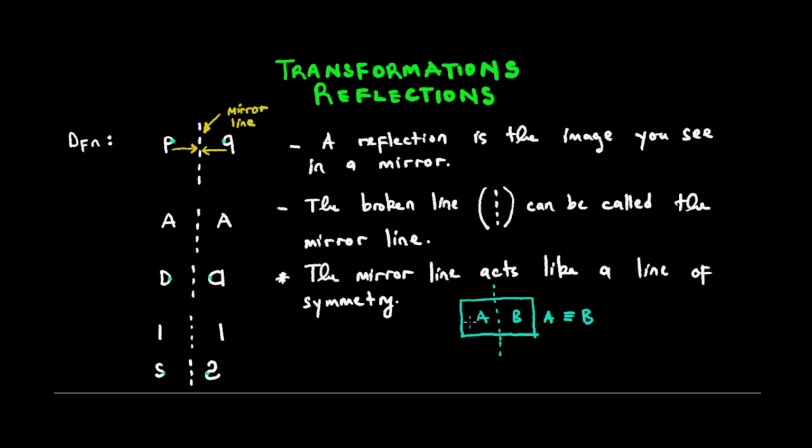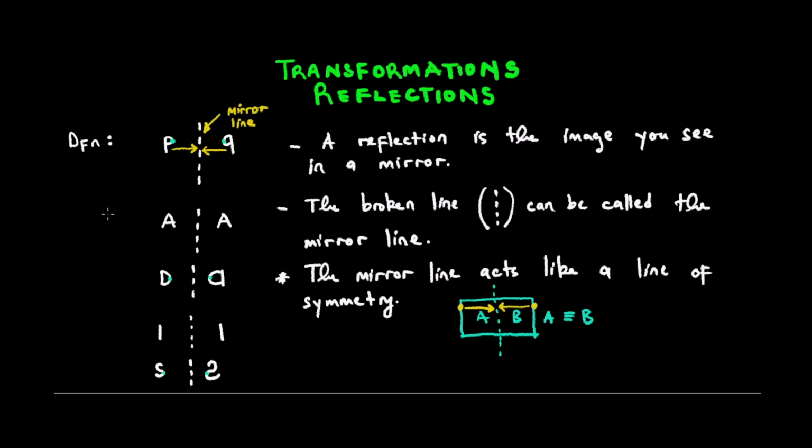Because the line of symmetry inoita kuti kana taisa a point panapa tikaisa a point panapa, distance kubva pa point kunobata line of symmetry nekubva pa point kunobata line of symmetry zvinenge zvakafanana, nekuti line of symmetry iri kudambura a shape into two equal parts. Saka that mirror line acts in the same principle pakuti the distance from an object to a mirror line should be equal to the distance from the mirror image to the line of symmetry, the mirror line.